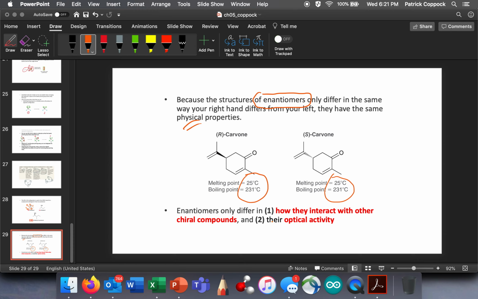However, they do affect how they interact with chiral compounds. So if you have an enzyme in your body that can only deal with this shape here, then it will not deal with that shape, right? They only affect how they interact with chiral compounds and their optical activity. Optical activity sounds like a good subject for another conversation.